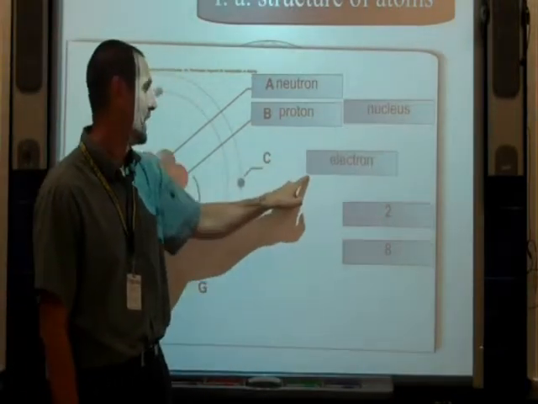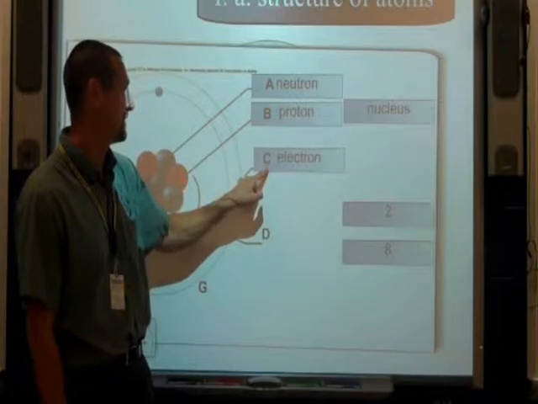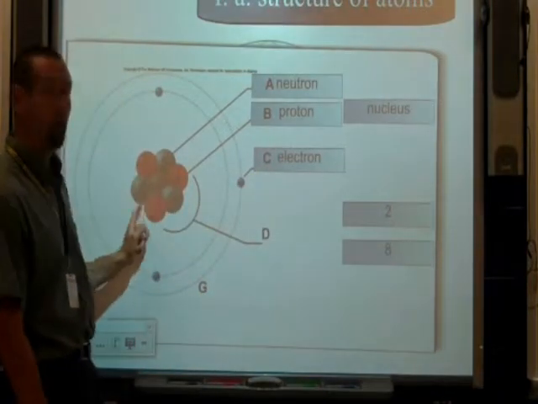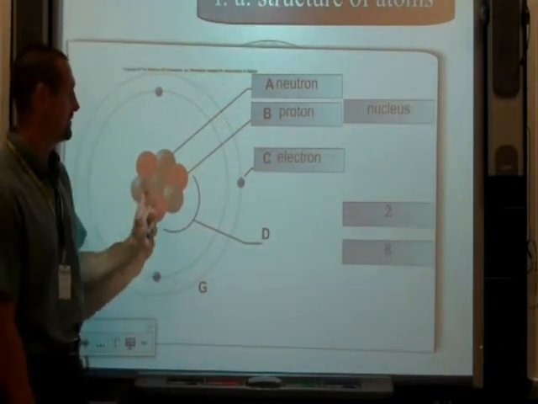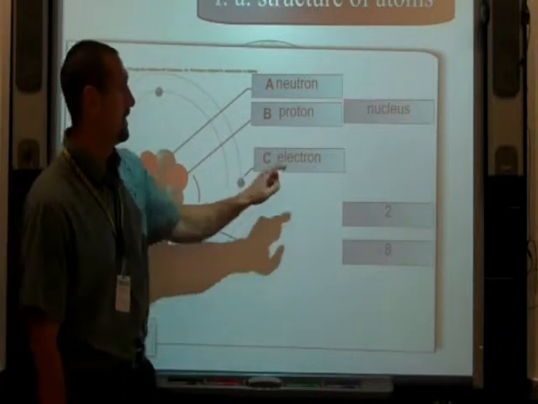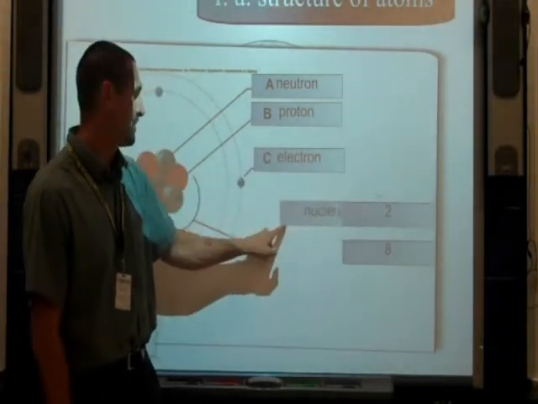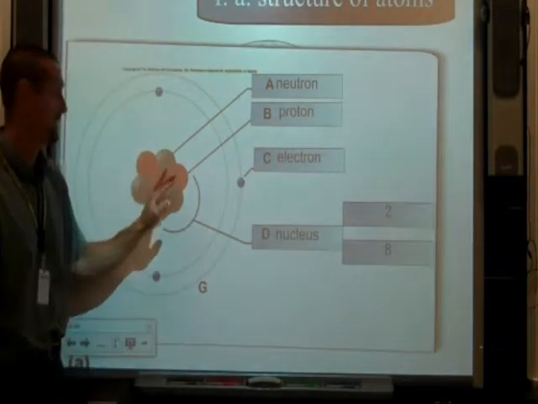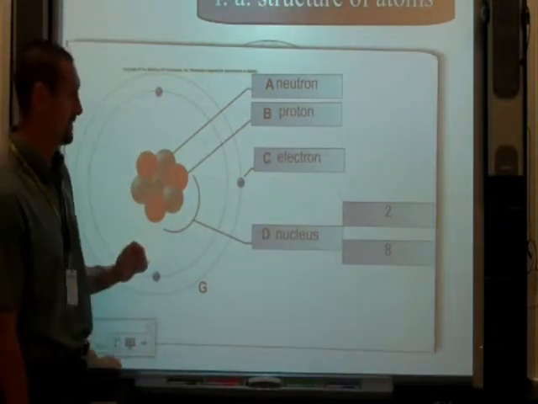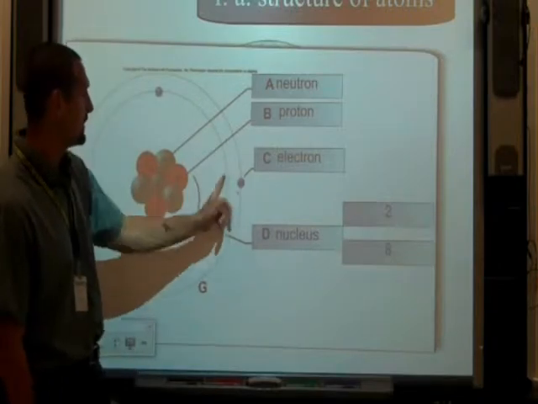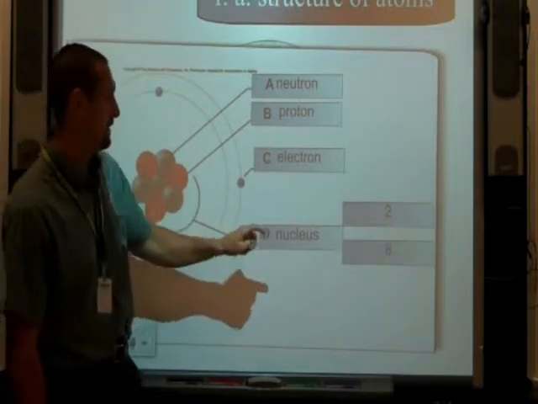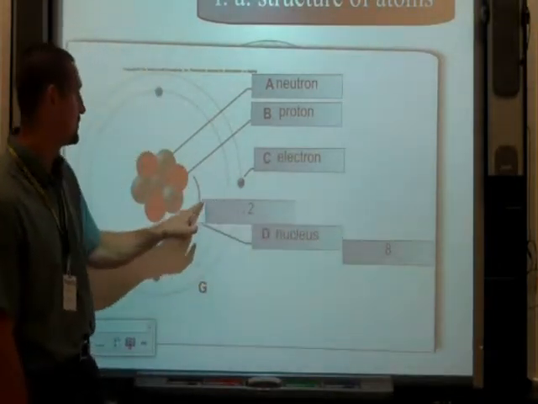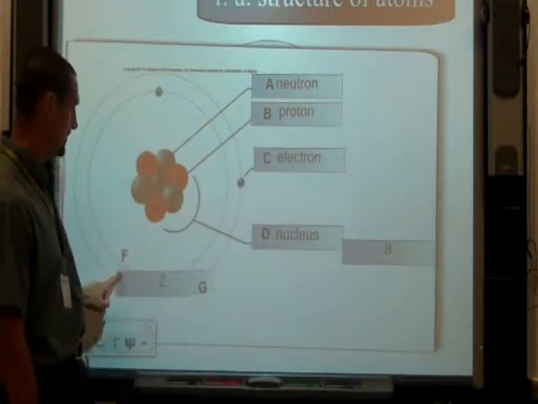That's an electron. Electrons have a negative charge. This whole big mass of protons and neutrons in the middle of our atom is called the nucleus. So this whole part right here is called the nucleus, where the protons and neutrons are. In this first energy level around our atom, it can hold up to 2 electrons.